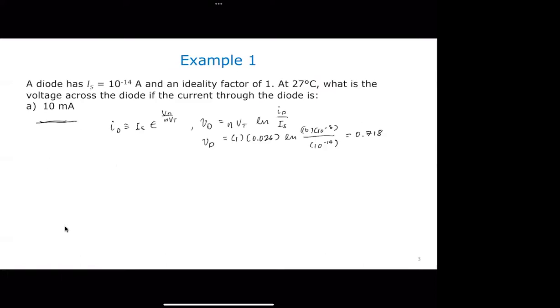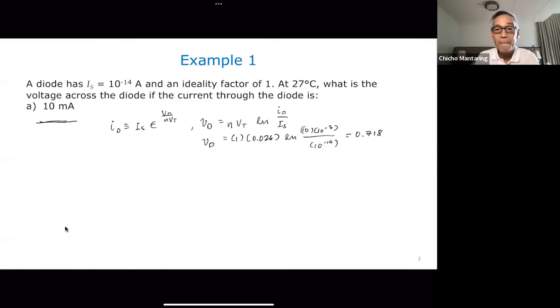Okay, sir. Baka nakalimutan lang. Thank you, sir. Yeah, sure. No problem. Otherwise, kung ilalagay mo yung 1 dito, you're not going to be able to solve for v sub d in terms of I sub d. Kahit anong gawin mong manipulation, hindi mo magagawa. Although magagawa ng calculator mo using the solve function.